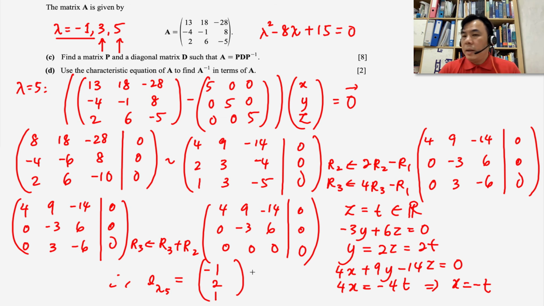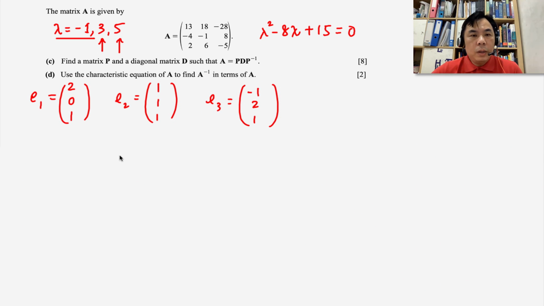All right. And then at the end, I'm going to collect all the eigenvectors that correspond to negative 1, 3, and 5. We're going to finalize the model matrix P shortly. Finally, I have listed down all the eigenvectors that correspond to the eigenvalues. This eigenvector corresponds to eigenvalue negative 1 that we obtained in the previous section.